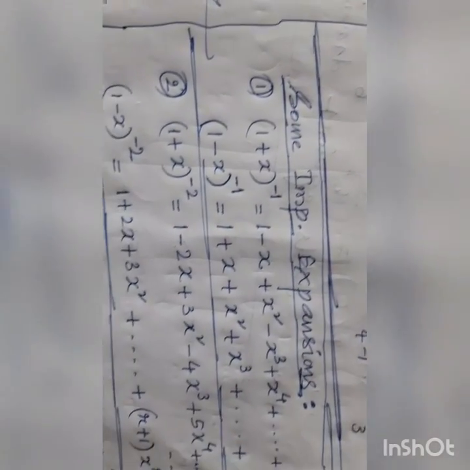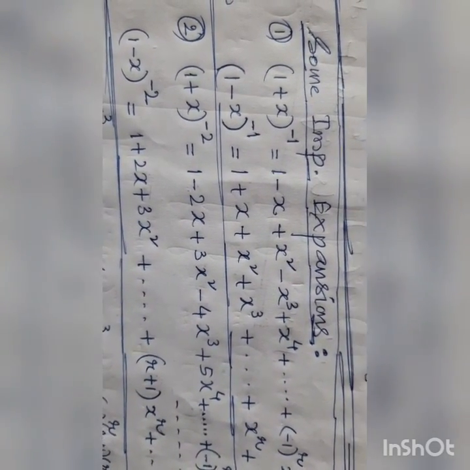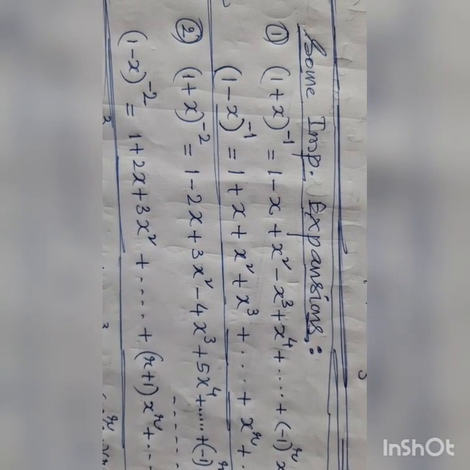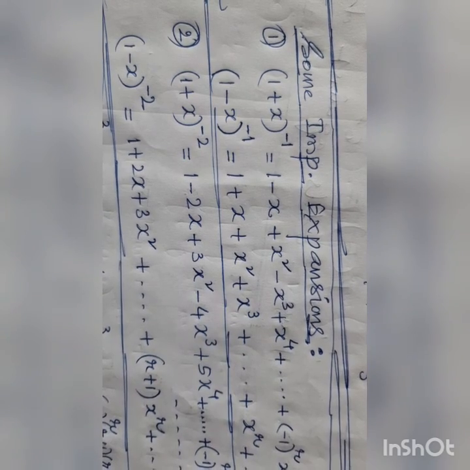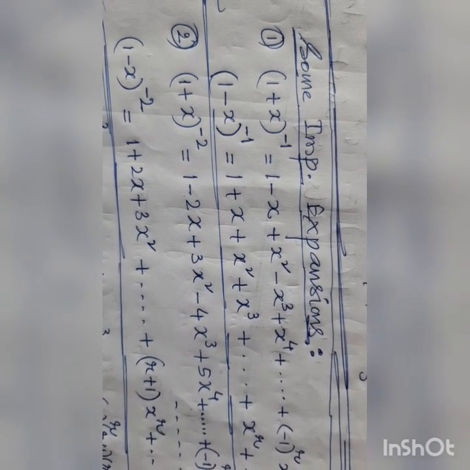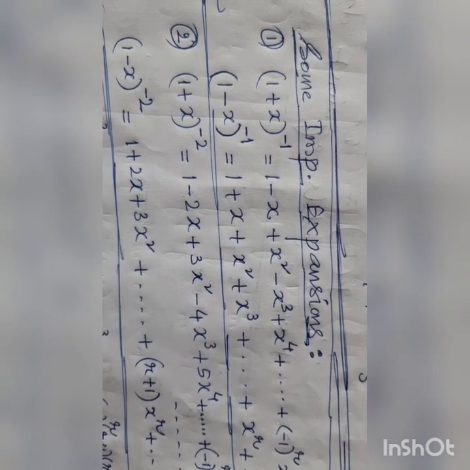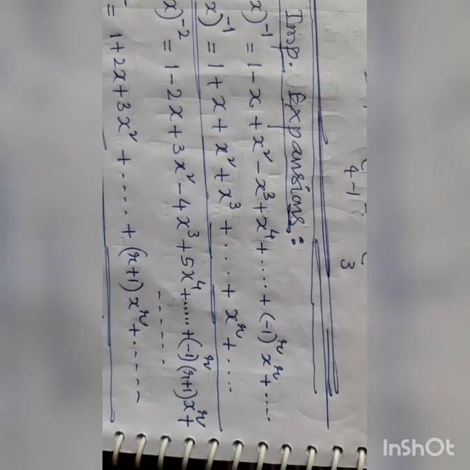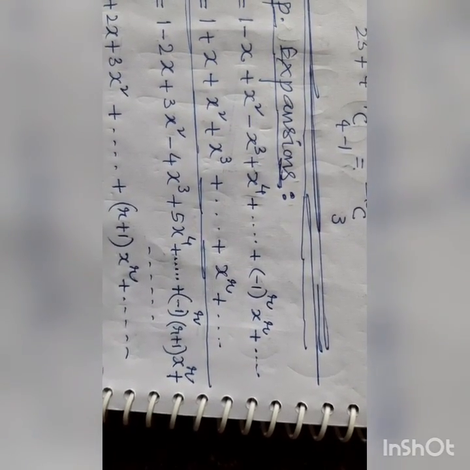And come to the point here, some important expansions in binomial theory. You observe 4 important expansions are given. These are infinite expansions. 1 plus x whole power minus 1 is 1 minus x plus x square minus x cube plus x power 4 plus so on, plus minus 1 power r x power r, plus so on up to infinity.